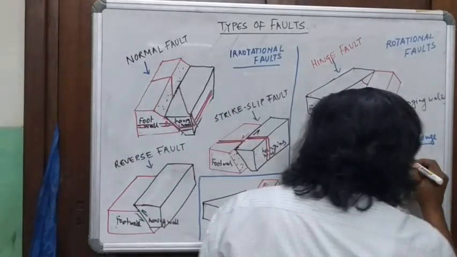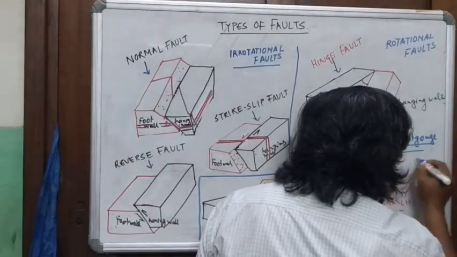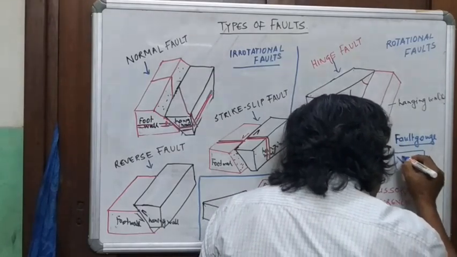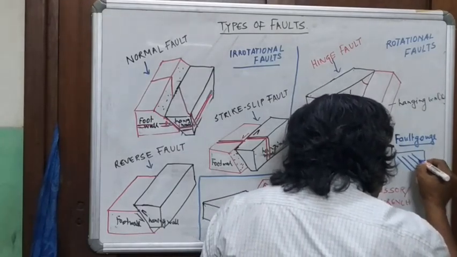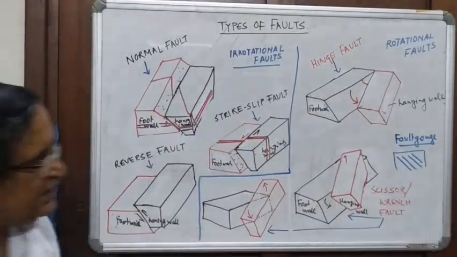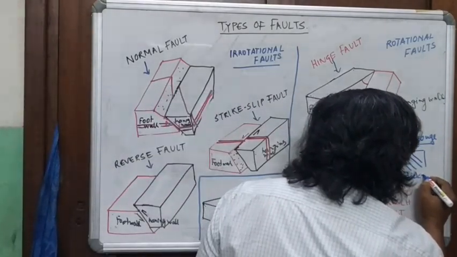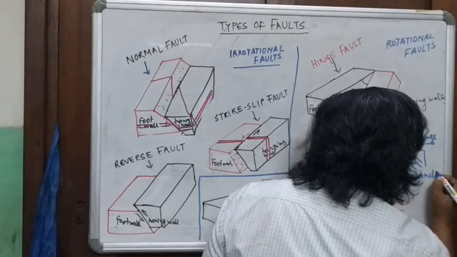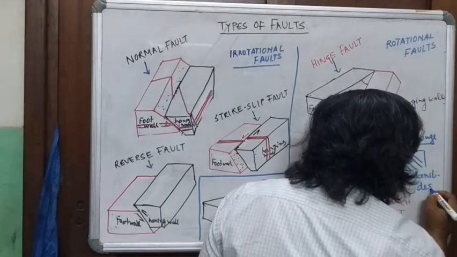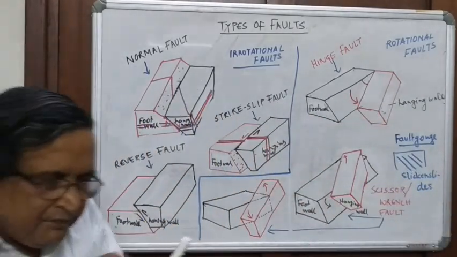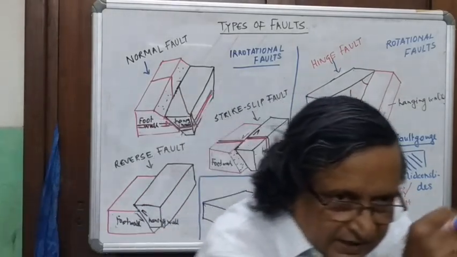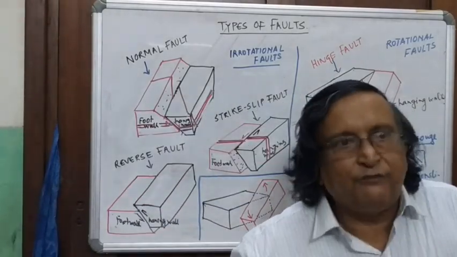And then if you see the fault plane exposed, you see lines like that. And these are called slickensides. They are grooves along the fault plane.